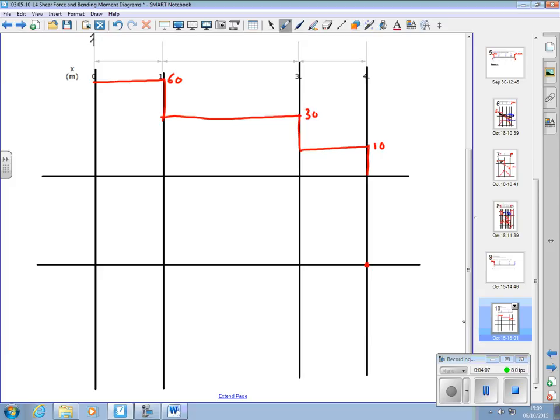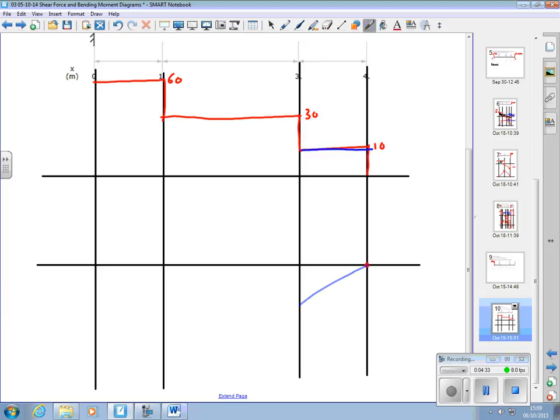We start at 0. We can find the area underneath this curve, the shear curve. The value of the shear will give us the gradient. So again, intuitively to me that's wrong, because we're coming down here now, this bending moment, and that's going to be a positive gradient.